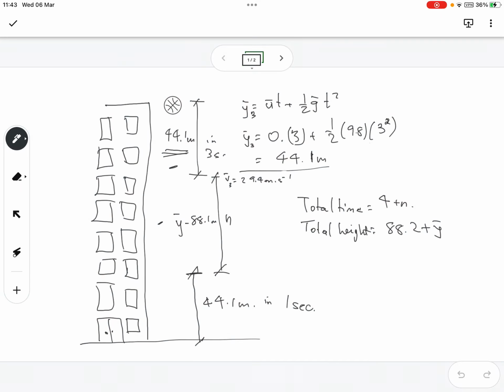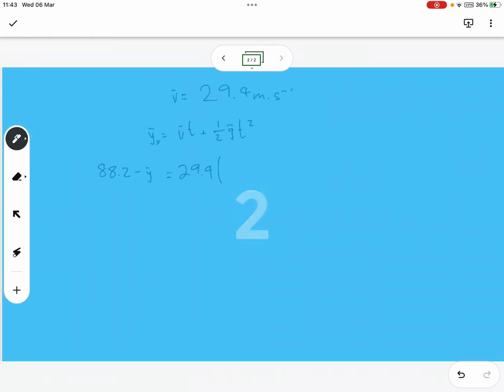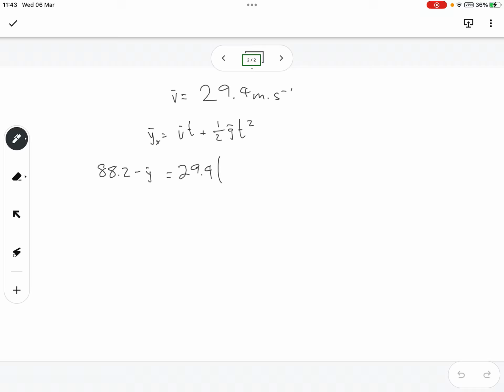It's n. Oh no, it's n. You're right. It's n. 29.4 times n plus a half into 9.8 into n squared. Okay. So we have 88.2 minus y bar equals 29.4 n plus 4.9 n squared.